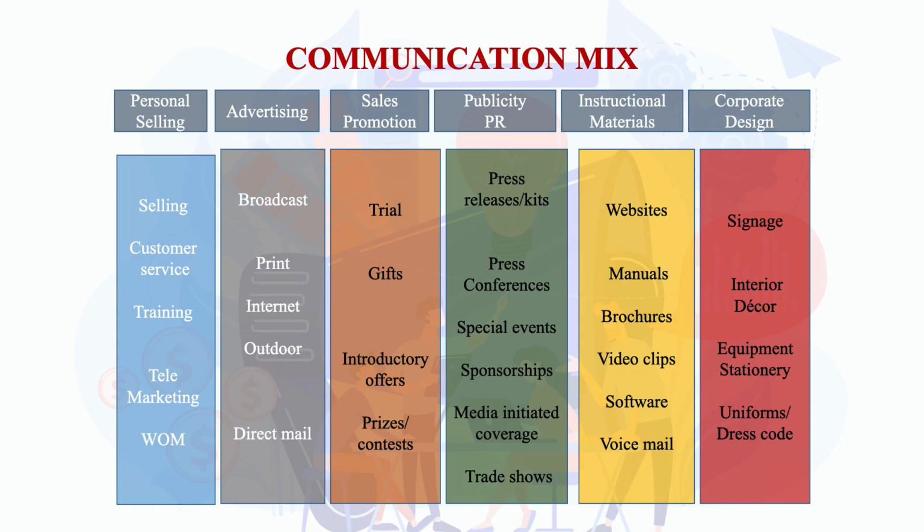The last component that we are going to talk about in the marketing mix is the place component. Place talks about creating time and place utility. Once the goods have been produced, they have to be taken to each point where consumption would take place.